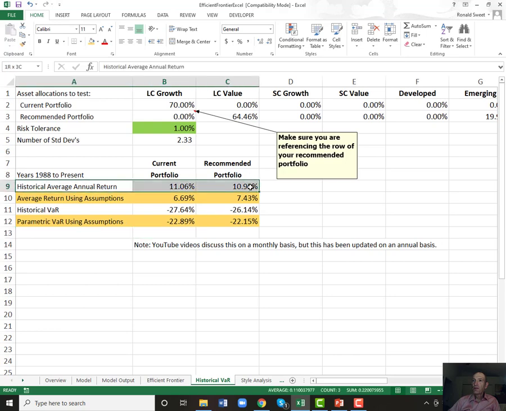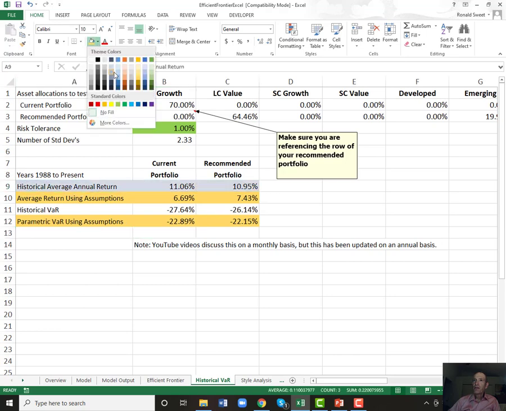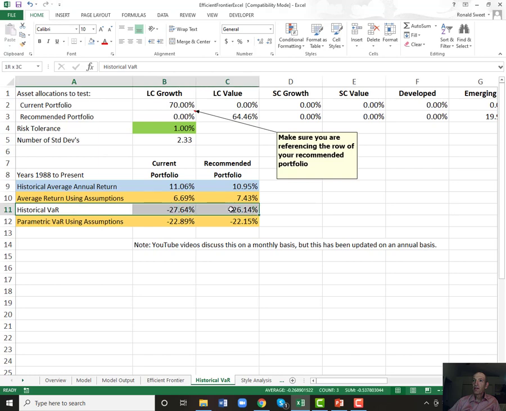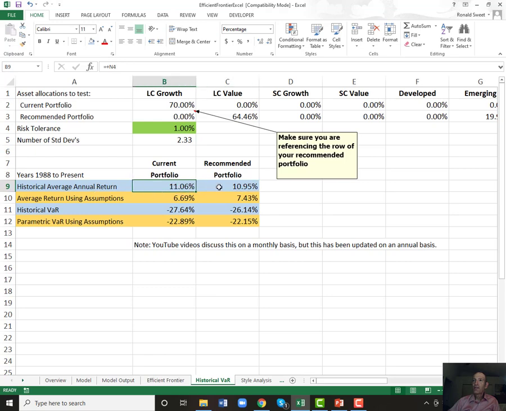Now we get the historical VAR. Historical VAR just looks back at history and finds the event that's the 1% event. And historical VAR actually takes the actual averages of these different allocations. And if you look there, we've got a huge problem, because historically the portfolio that our customer currently has actually has a higher return than our recommended portfolio.